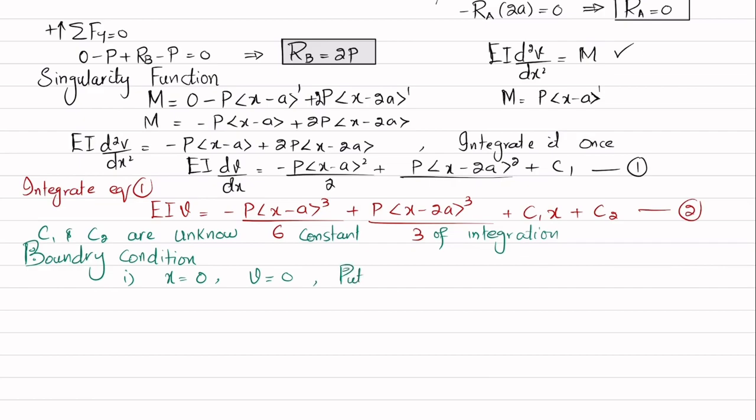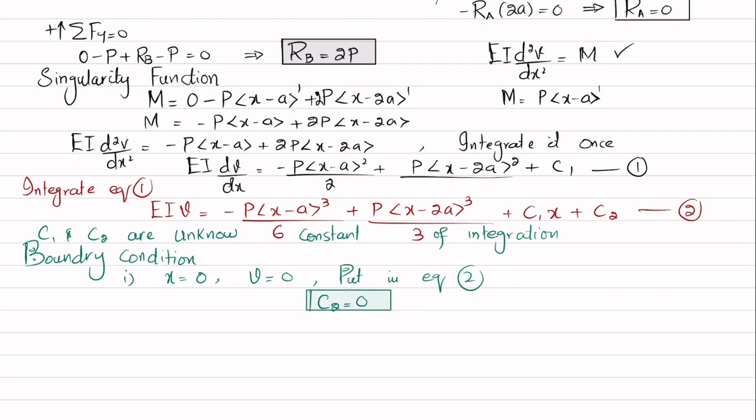Deflection is equal to 0, so this term will be 0 and (x minus a) will be minus a. Anything inside the Macaulay bracket which is negative will be considered as 0, so this term will be 0. Similarly, the second term (x minus 2a) will also be 0 because it is negative, and C1 into x will be 0. So we are left with C2 equal to 0. So C2 is equal to 0.